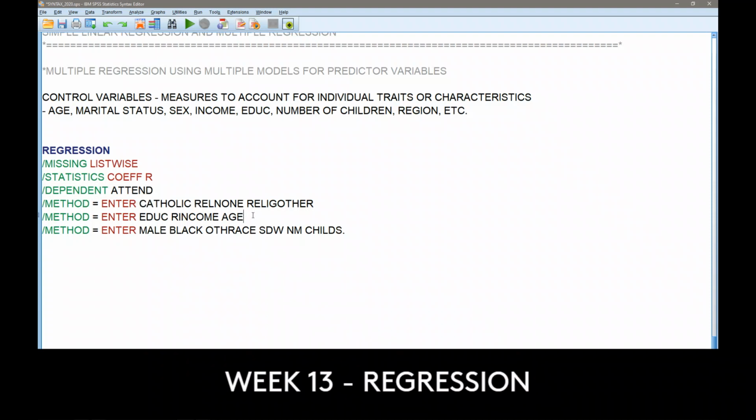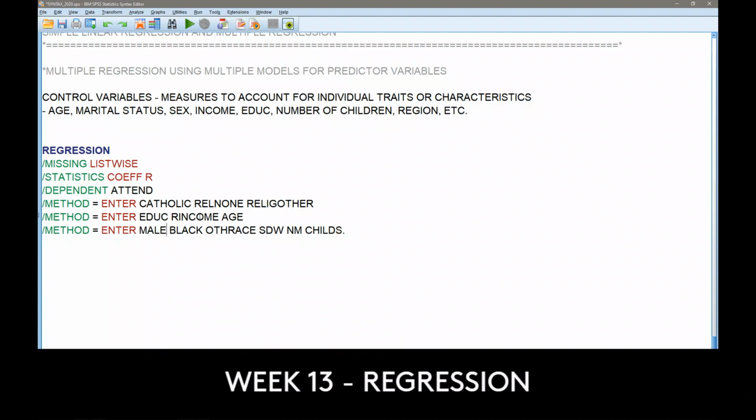And then I finally want to add the rest of the important control variables, like sex, race, marital status, and number of children, okay? So again, we're introducing variables in steps so that we can see how these traits together impact the relationship between denomination and attendance.